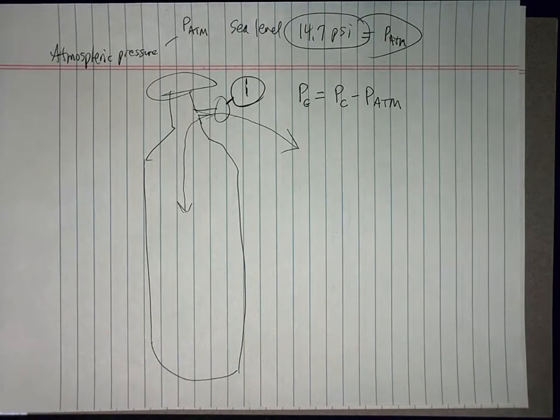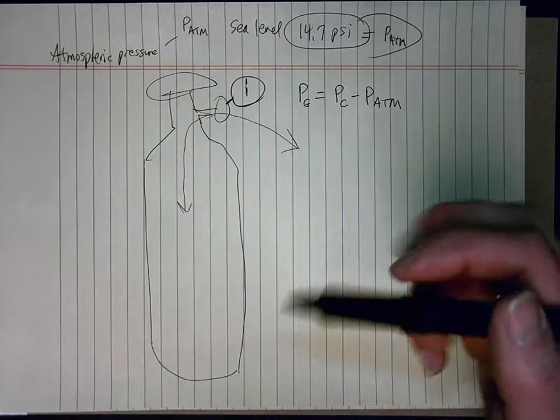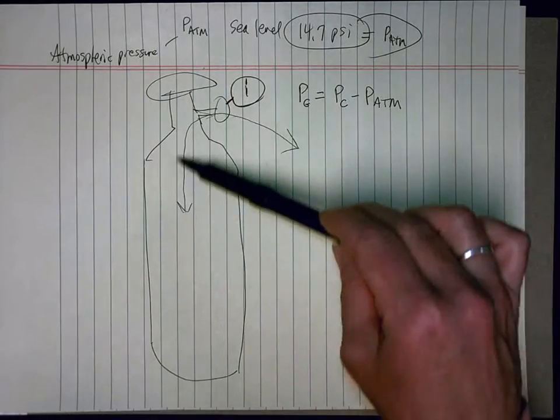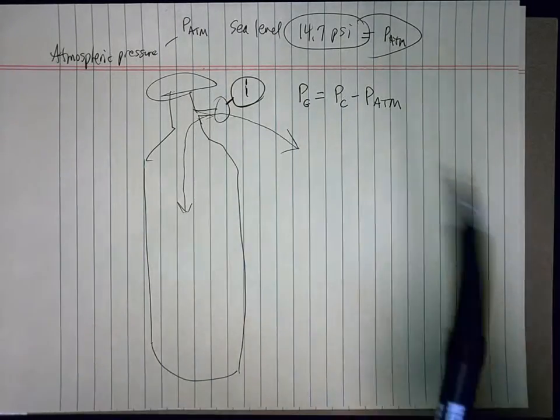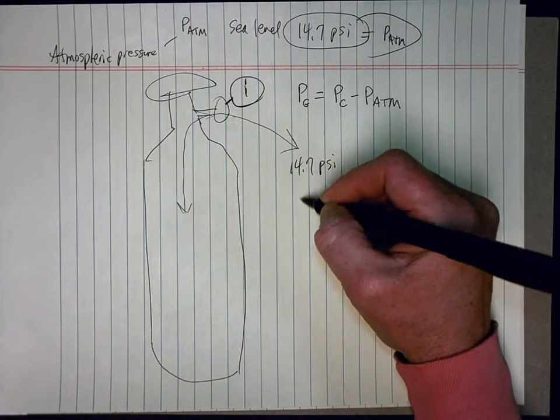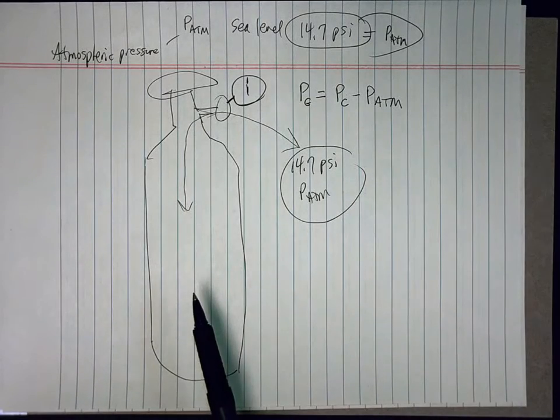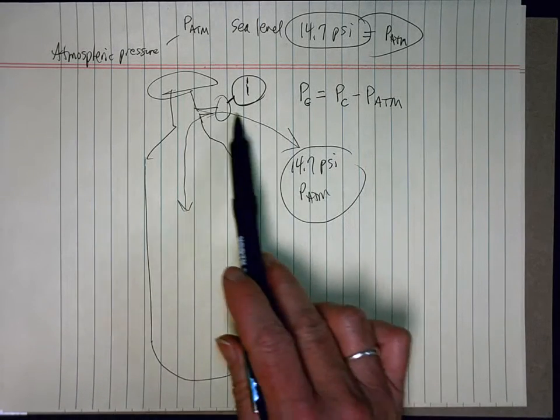Now, if you open the valve and you say you let all the air out, you did not actually let all the air out. What you have is equal pressure, because air can move wherever it wants to. So if you have 14.7 psi, that's atmosphere, outside your scuba tank, what are you going to have on the inside?